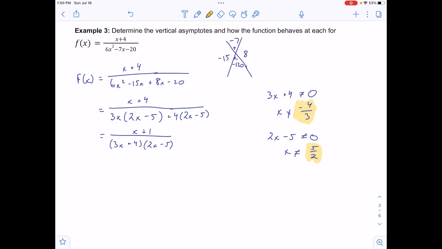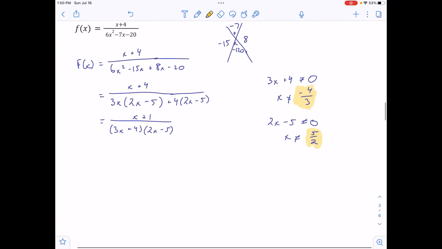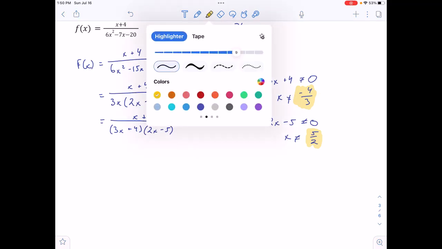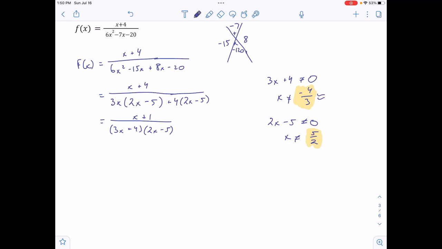Now we need to figure out the behavior of our function at each of these. For reference, negative 4 over 3 is about negative 1.33, and 5 over 2 is equal to 2.5.